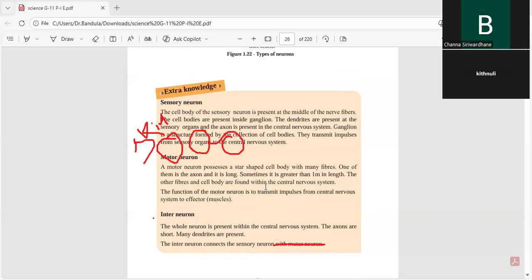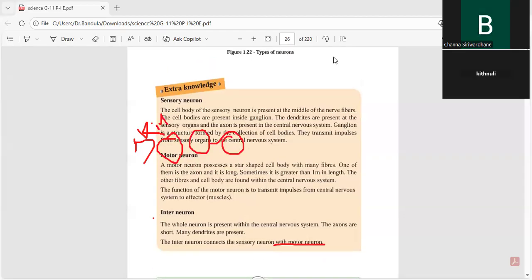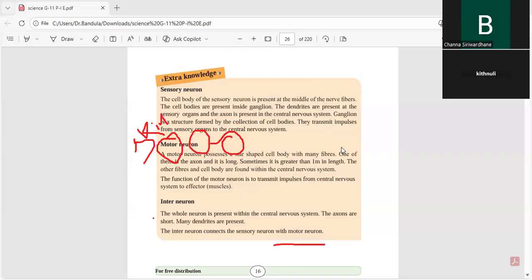So it can be more than 1 meter long. The fibers and cell body are found within the central nervous system. You saw it now. The cell body is in the spinal cord.